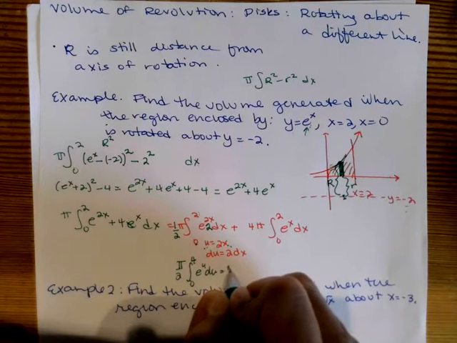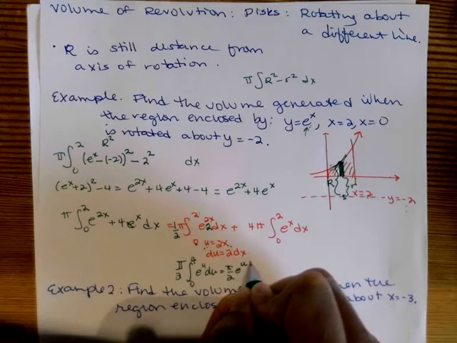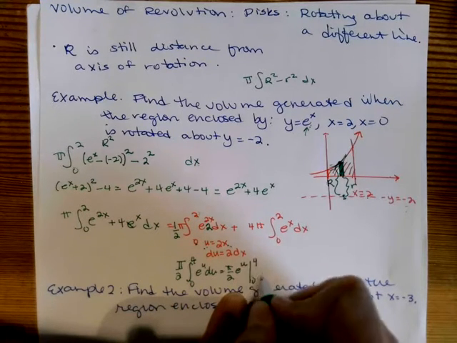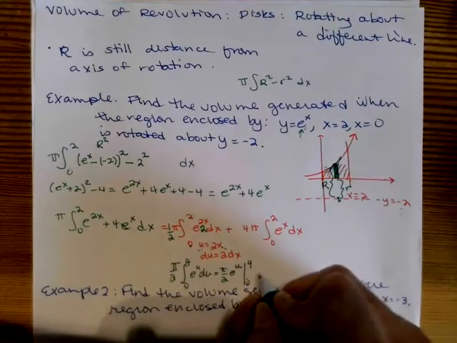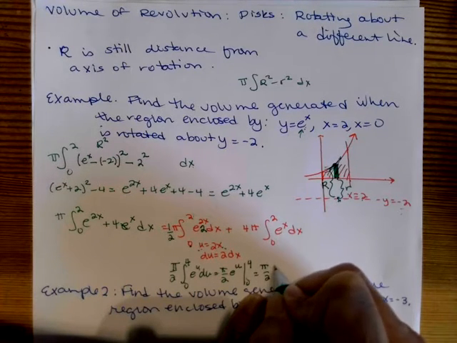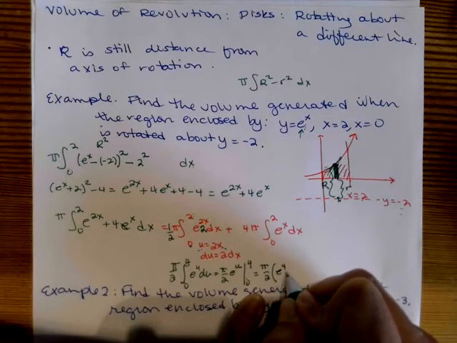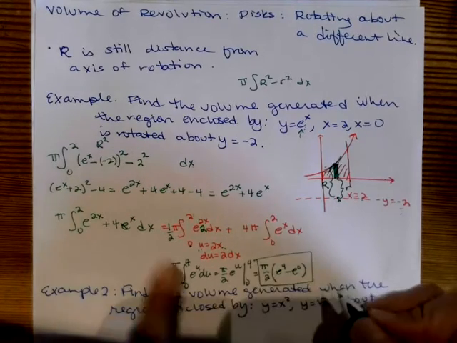That is going to be pi halves times the integral of e to the u du, which is still e to the u, between 0 and 4. I did not give myself enough room; those of you who know me know this is my MO. So pi halves times e to the 4th minus e to the 0. Okay, so there's the first part.